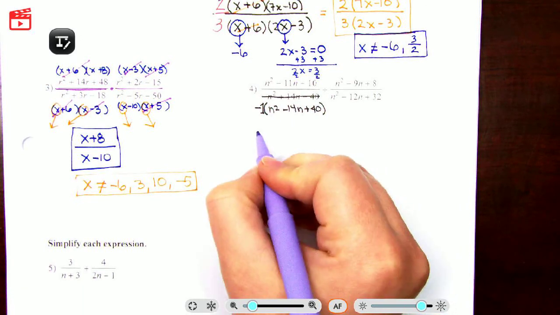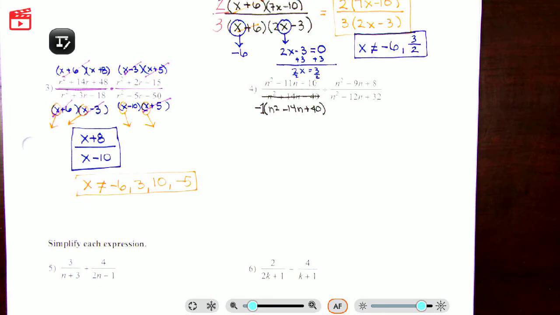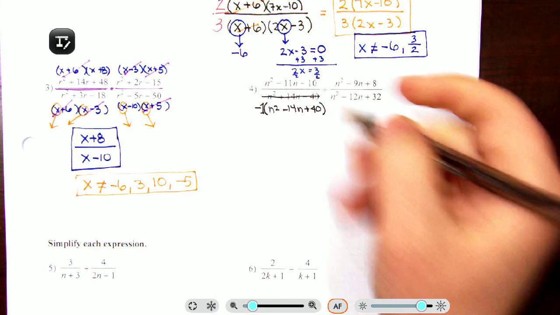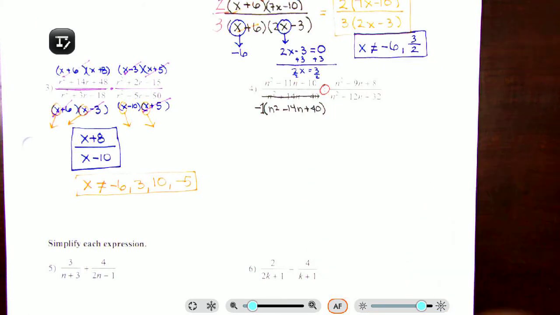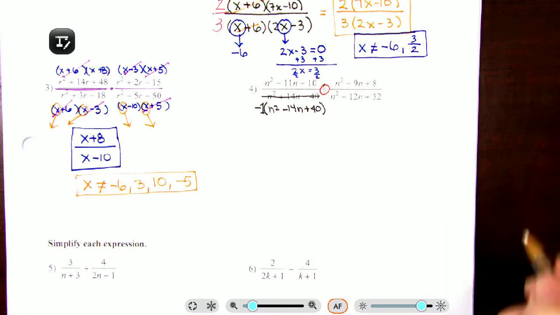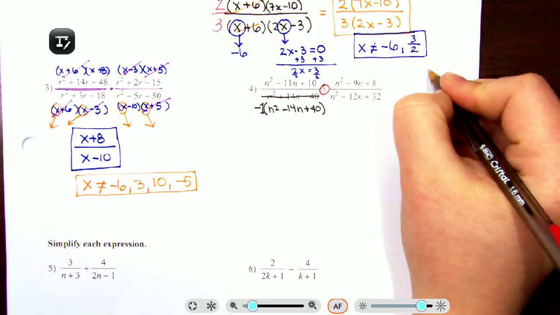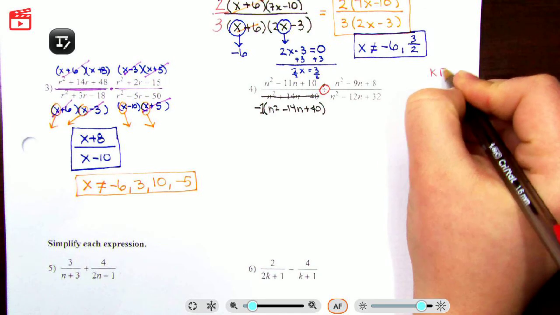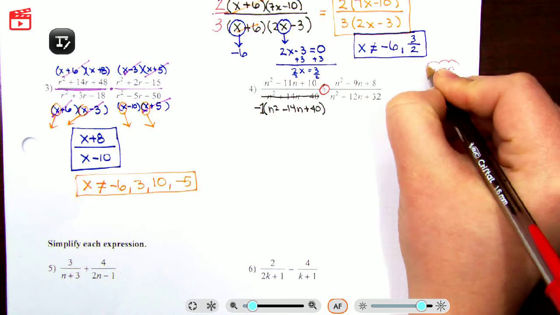So I have on top, oh, I just realized we have division. So here's the thing, you guys. When you have division, you're doing the KFC method. I don't know if any of your teachers told you about the KFC.